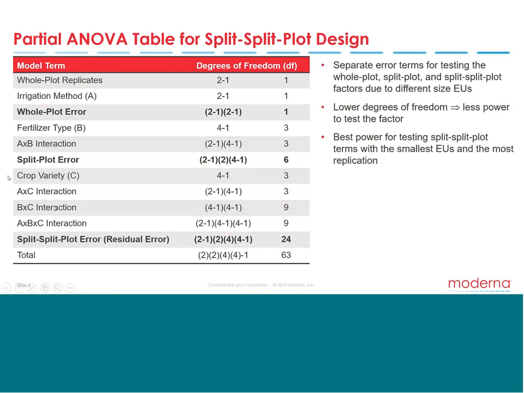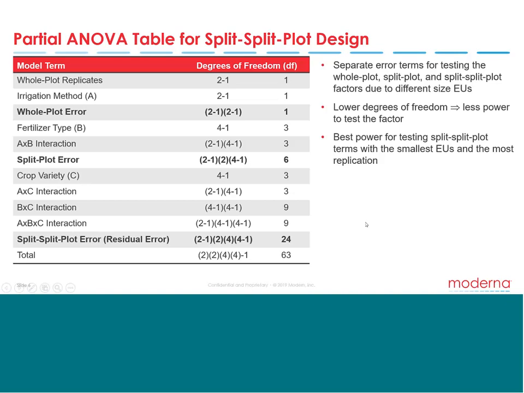But now we have a whole other section for our split plot. So we have our crop variety and all the interactions associated with that. And then we have our split plot error term. In this case, because we have 3 different sizes of experimental units, we also have 3 different error terms that we need to test against when we're looking for differences in these factors.